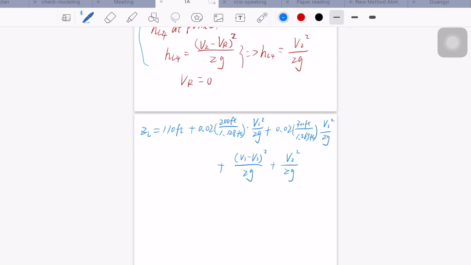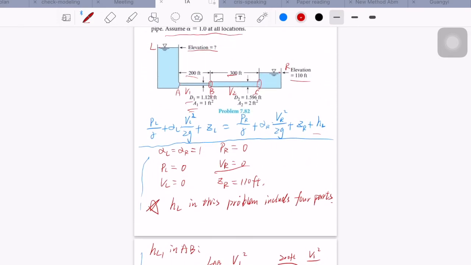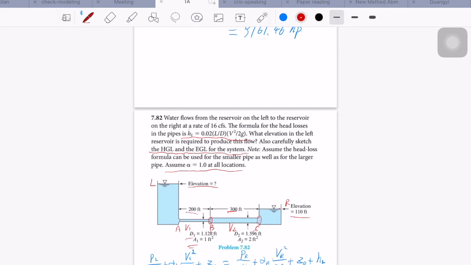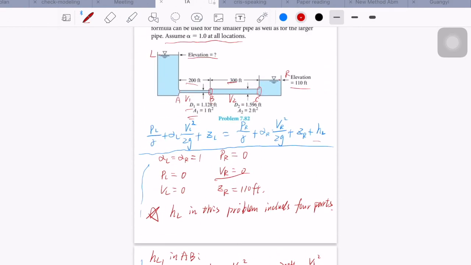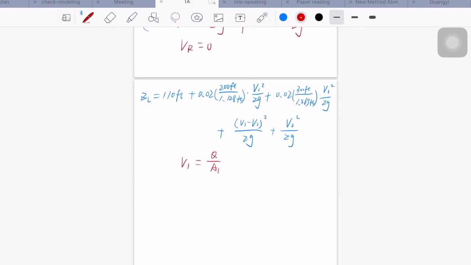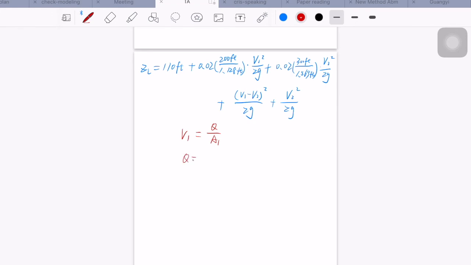And then we know V1 should be equal to Q over A1. And from the problem, we know Q is 16 cubic feet per second, and A1 is 1 square foot.